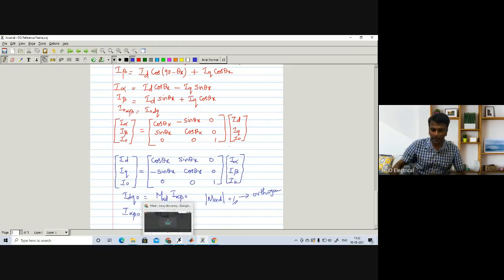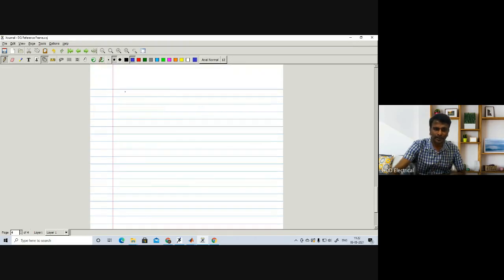So instead of taking the inverse and the cofactor and all, we can directly write M alpha D, which we already have written as cos theta x, sin theta x, 0; minus sin theta x, cos theta x, 0; 0, 0, 1.